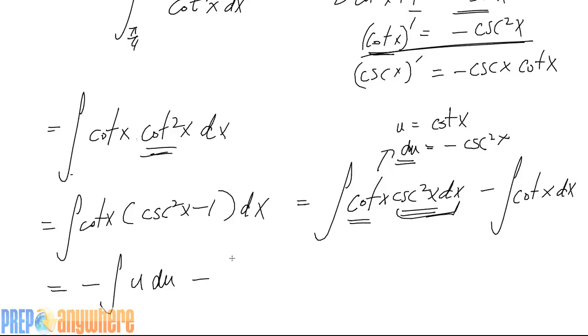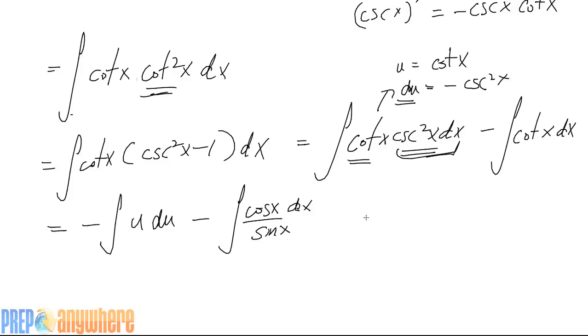This right here, you have to think of it as cosine of x dx over sine of x. So here I'm going to let v equal sine of x, so dv is equal to cosine of x dx. So this one right here, if you integrate that, you get minus half of u squared.